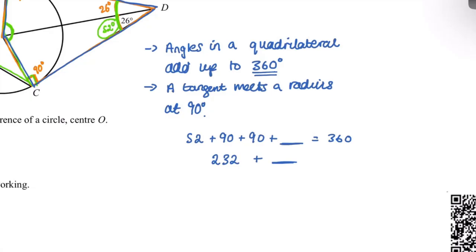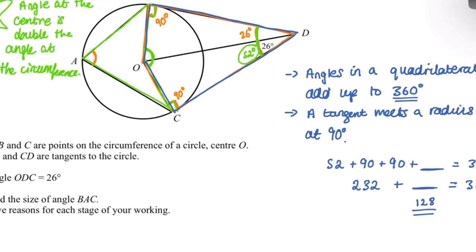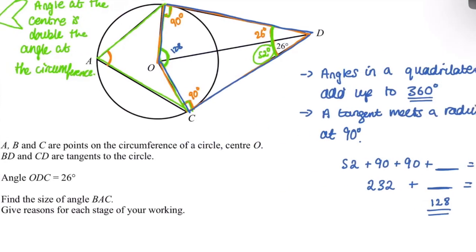Plus something gives you 360 degrees. So you do 360 subtract 232, and that gives you 128. So that missing angle is 128 degrees. So this over here is 128 degrees that we have.